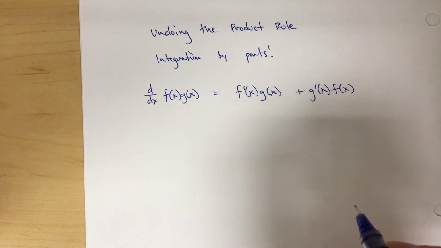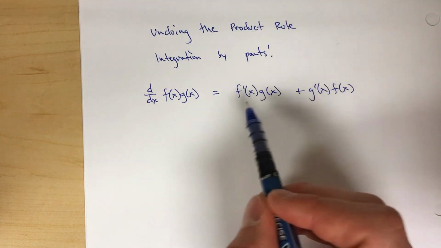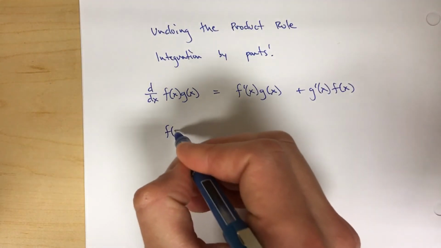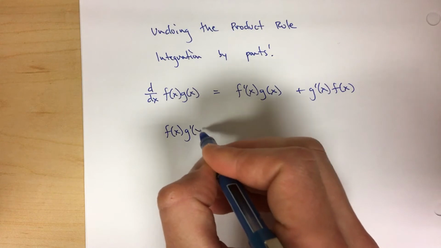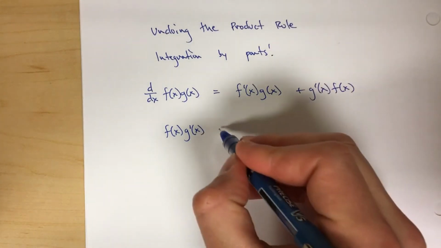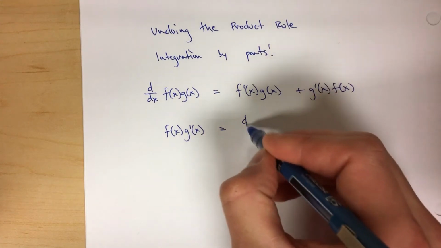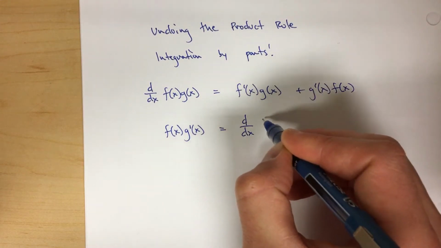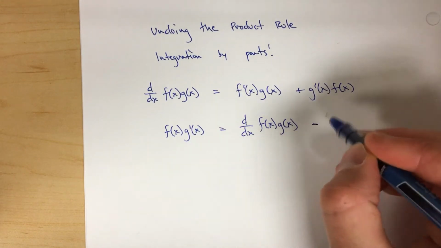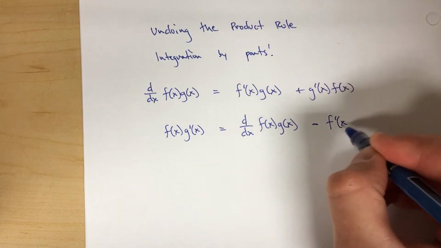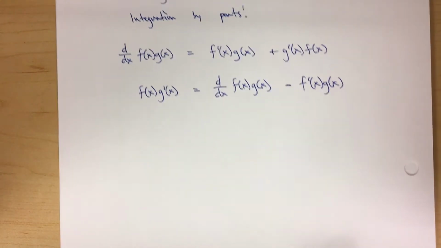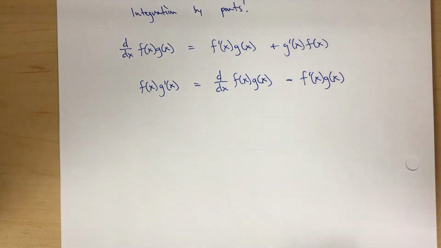So if we solve for this right here, we get that f of x times g prime of x is equal to the derivative of f of x times g of x minus this, f prime of x, g of x. Really all I did was subtract, and then I moved them to the opposite sides of the equation.